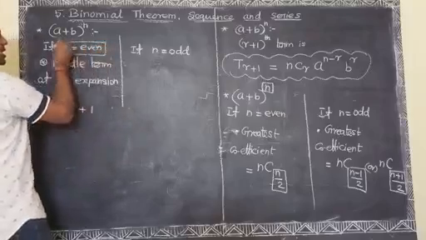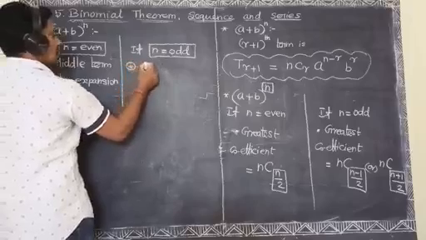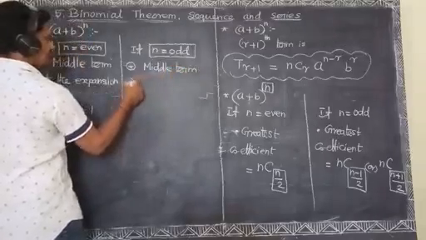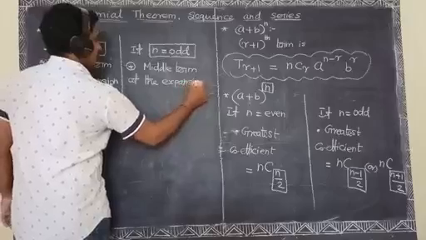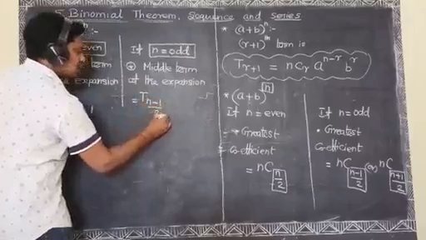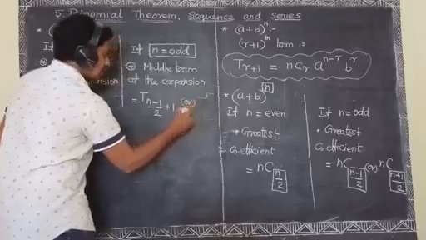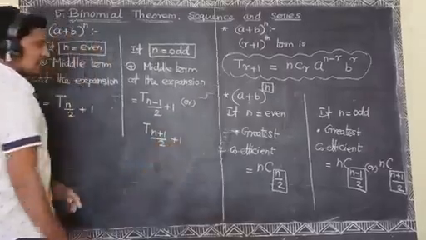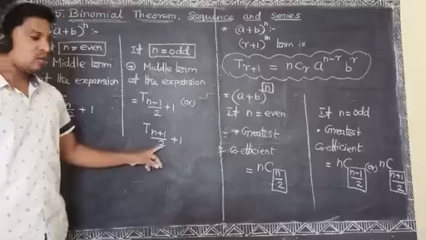Suppose n is an odd number, then the middle terms of the expansion are T((n minus 1)/2 plus 1) or T((n plus 1)/2 plus 1).